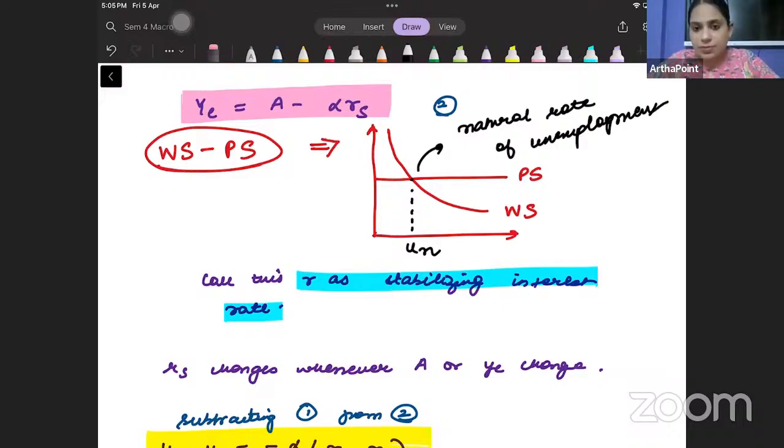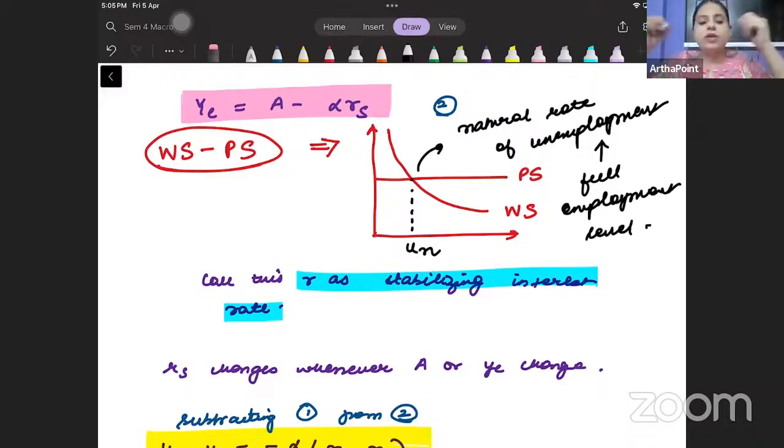Natural rate of unemployment. And this natural rate of unemployment, beta, was also called the level of full employment. So our natural rate of unemployment corresponded to the full employment level. Now here we are introducing that itself.